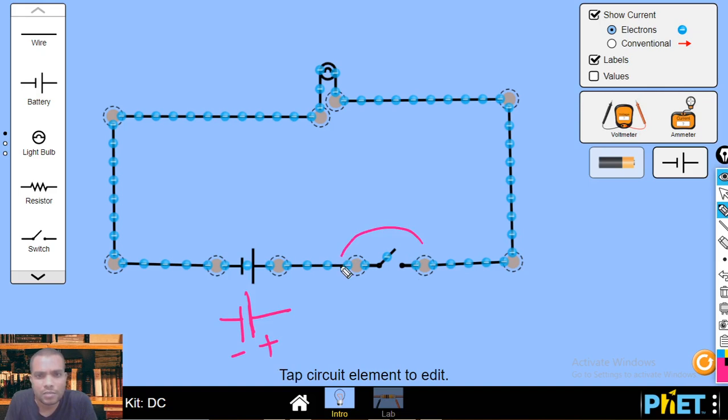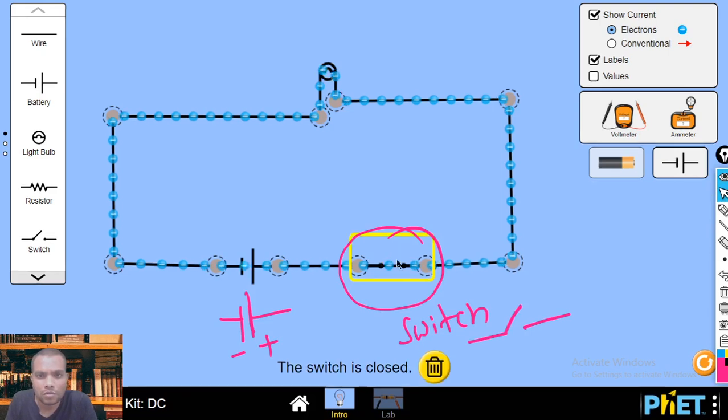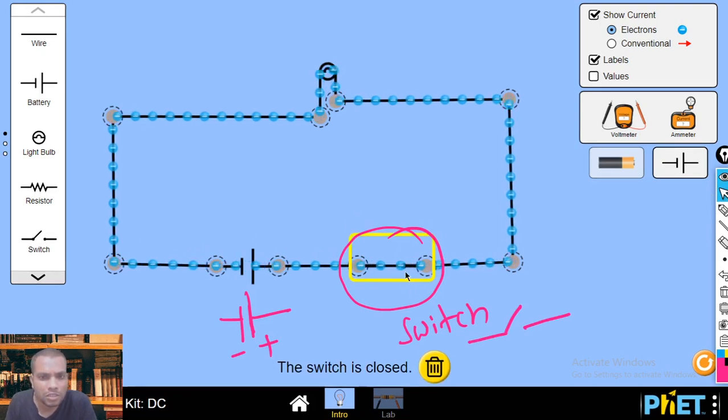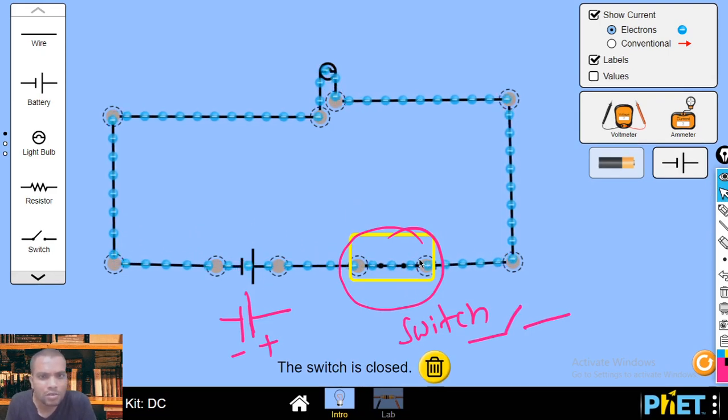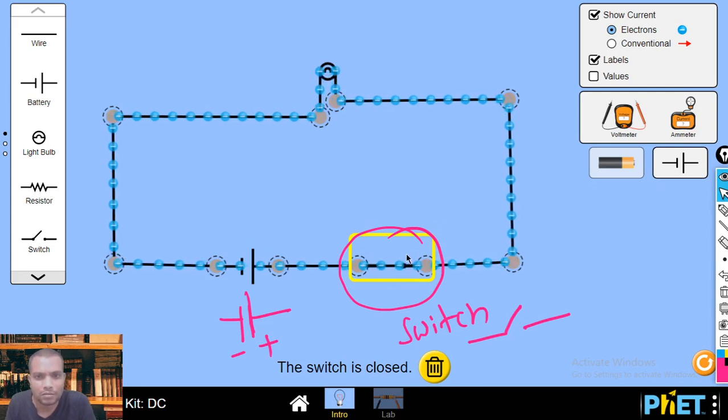And here this is the symbol for switch. In this case the switch is open, so when the switch is open we represent it with this kind of symbol. And when the switch is closed, you can see the circuit is on, and the electrons are moving in the circuit.